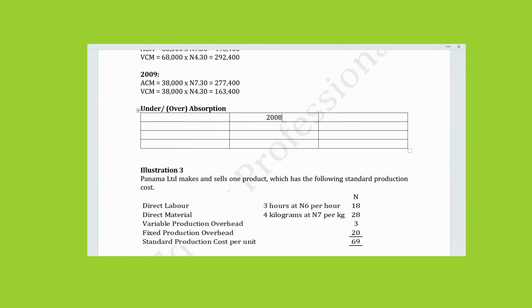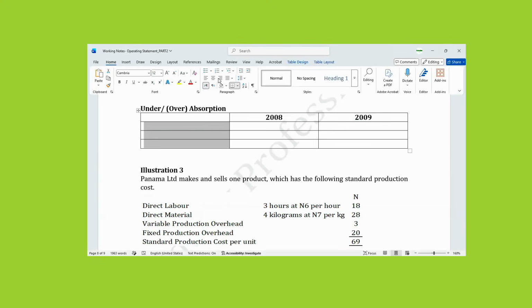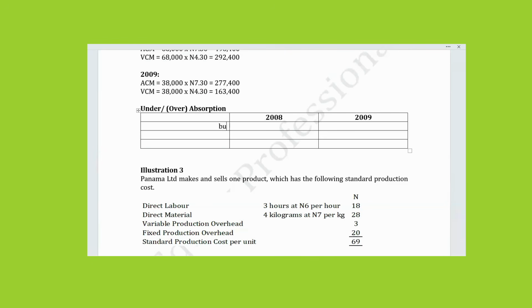2008, then 2009. So the first item here will be budgeted output. So I will then go back to the question.